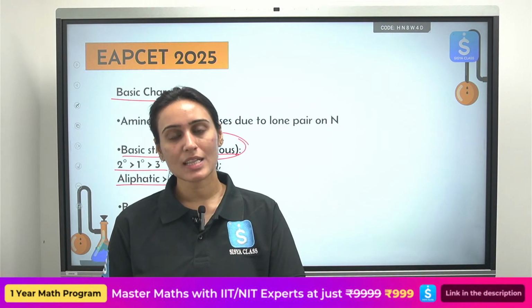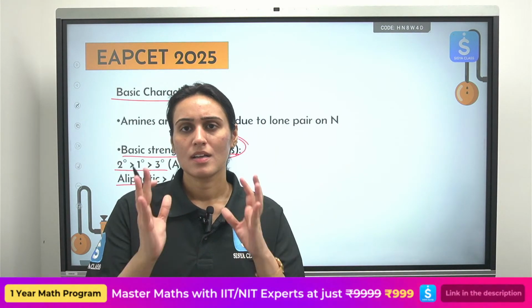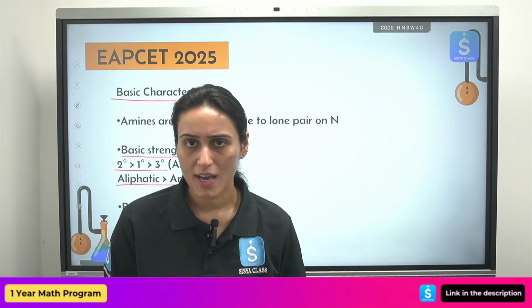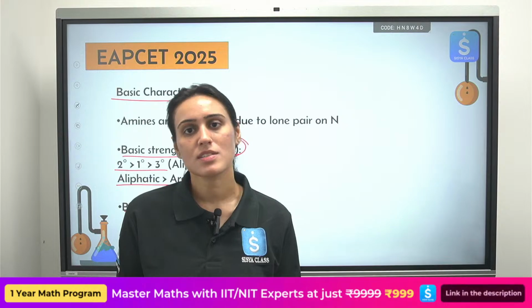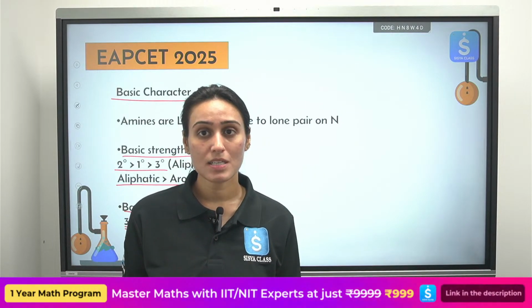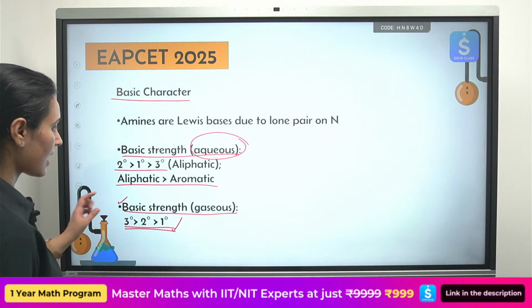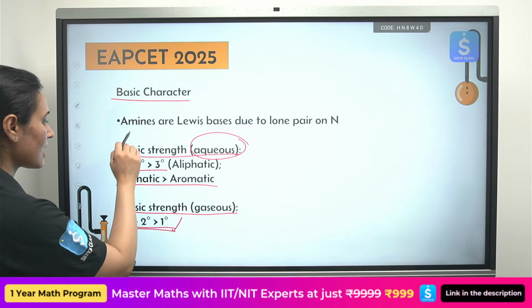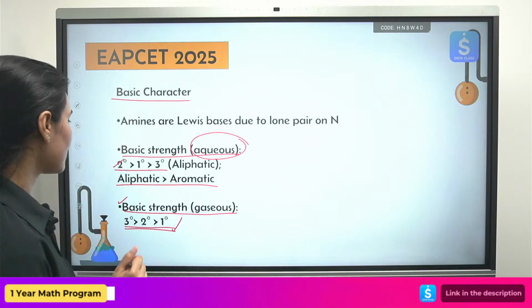So if we can donate the lone pair of electrons easily, we will consider it to be a strong base. If the species you have taken does not want to donate that lone pair of electrons, you will consider it to be a weak base. Simple. So tertiary, secondary, primary, if you consider gaseous phase; for aqueous phase, secondary, then primary, and after that, tertiary. Now, let's see the next thing.